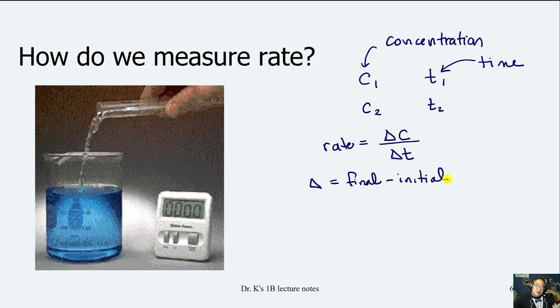It was always products minus reactants, because products is final and reactants is initial. That's why we get delta H. So it's always final minus initial. That means I'm going to go C2 minus C1, that's the change, over T2 minus T1. And that's how you calculate it.